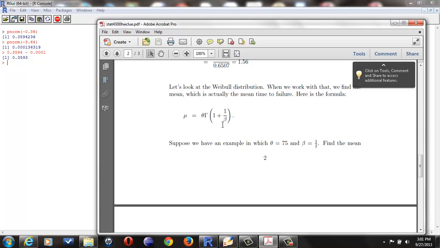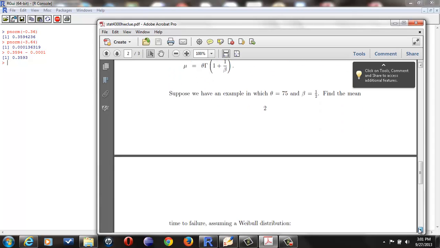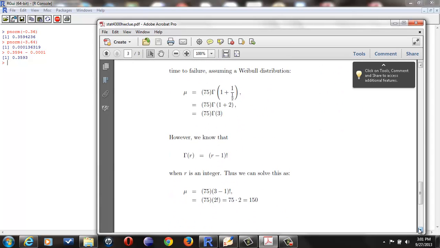So let's say that we have an example in which theta is equal to 75 and beta is equal to 1/2. I want to find the mean time to failure, assuming a Weibull distribution. So my theta is 75, my gamma is of 1 plus 1 over 1/2. I still have 75 times gamma of 1 plus 2, and that's 75 times gamma of 3.